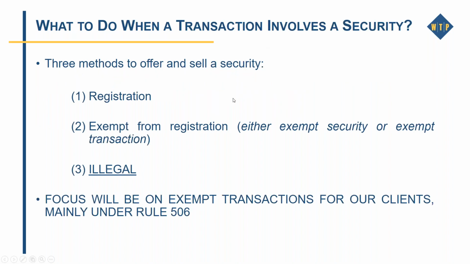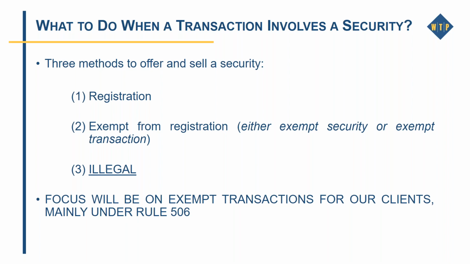Let's say I do have a security. What do I do? Let's say I'm representing a company that wants to raise money, and the way they're raising money is selling a security. So there are three options in how your client can sell that security. One is registering the security. I mean, typical, think of an IPO where they're registering the security and the description and all of the disclosures and bells and whistles that come with that.